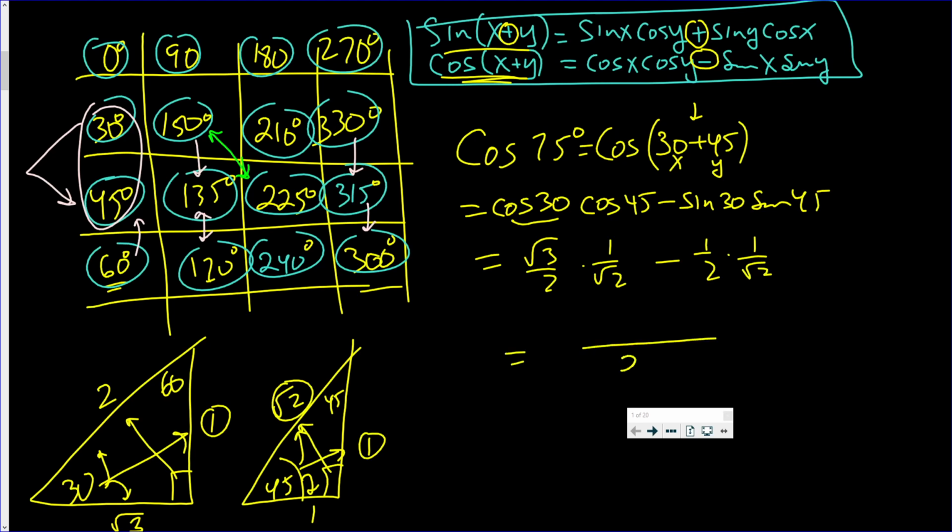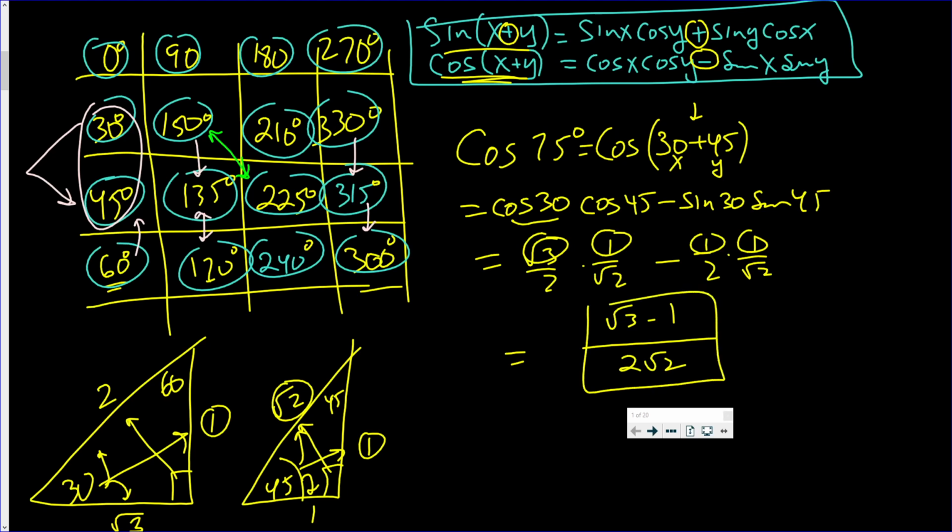Once again, we have two square root of 2's. The numerator is square root of 3 minus 1 times 1, which is 1. That is the exact answer to cosine of 75 degrees.